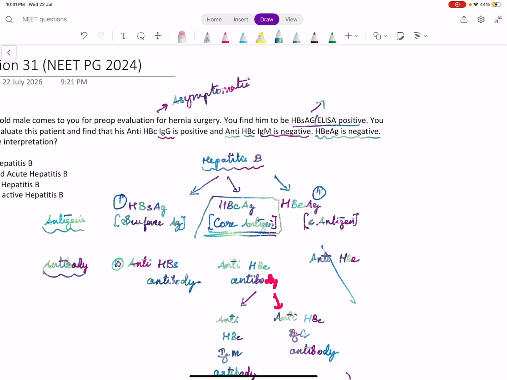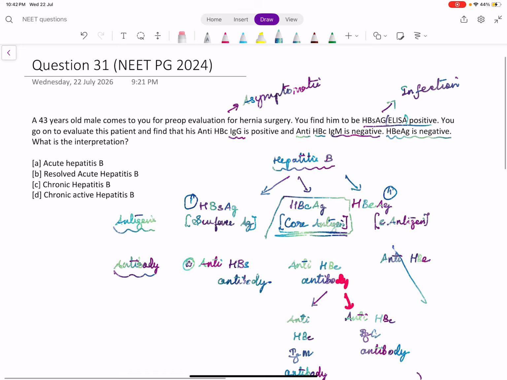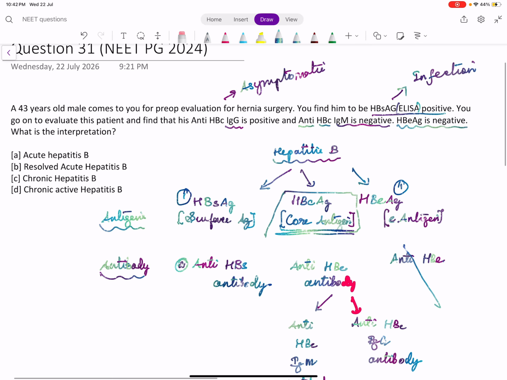They have mentioned ELISA because usually we do a card test initially. When that screening is positive, we confirm it with ELISA. That's why the word ELISA is given. Don't get confused. So hepatitis B surface antigen is positive means there is an infection. So he was infected with hepatitis B sometime. So you go on to evaluate this patient and find that his anti-HBc IgG is positive and anti-HBc IgM is negative.